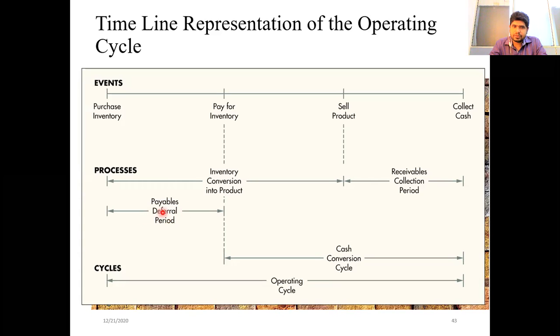So we deduct that payable period from the operating cycle, and the balance figure is called the cash conversion cycle, right? So we have to be very clear about what is the operating cycle and what is the cash conversion cycle, right?